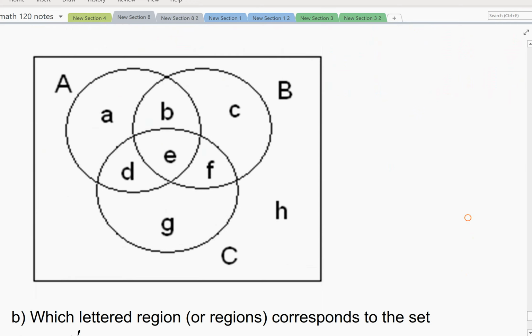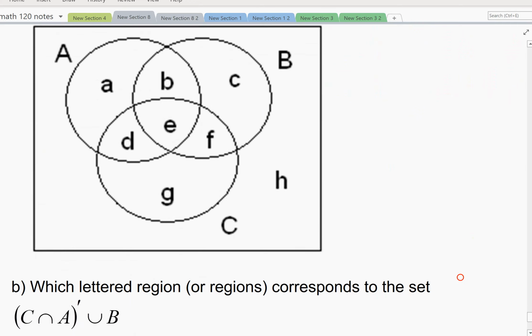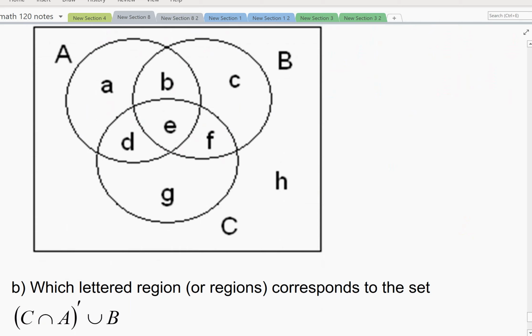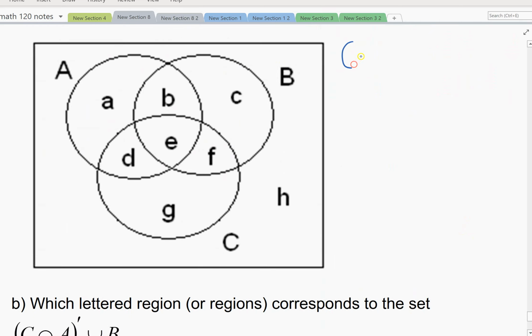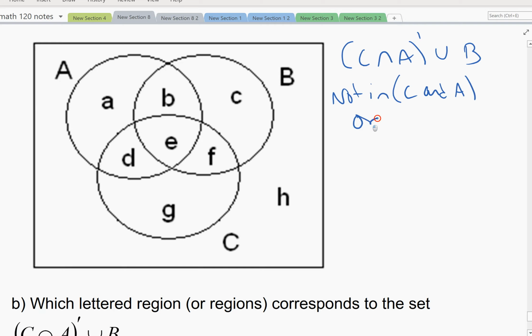The last one, I believe. We've got our letters of the regions that correspond to that. So again, I'm going to write it up here. I've got C and A. First, it's not in the group C and A, or it can be in B. You can read that and bear with it.